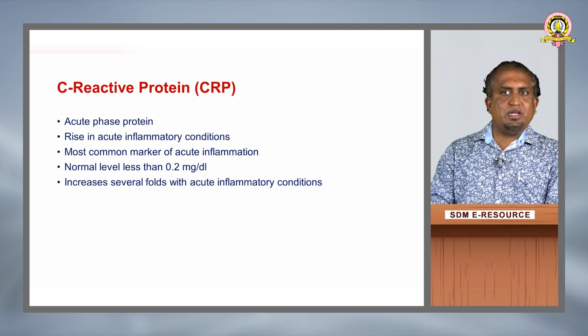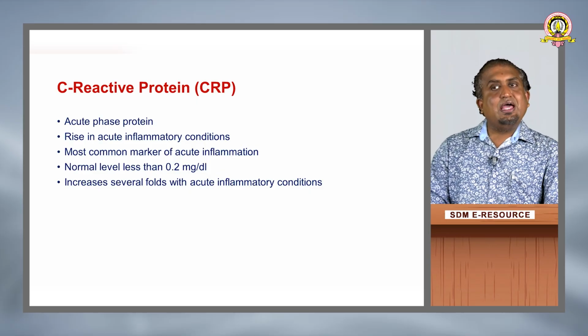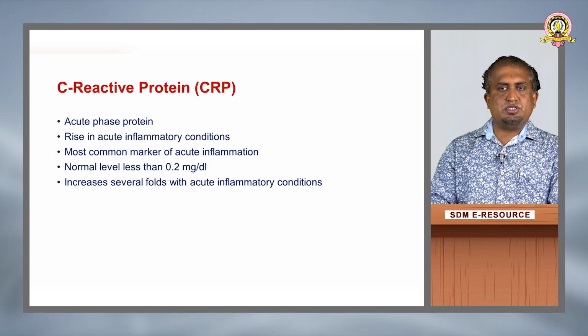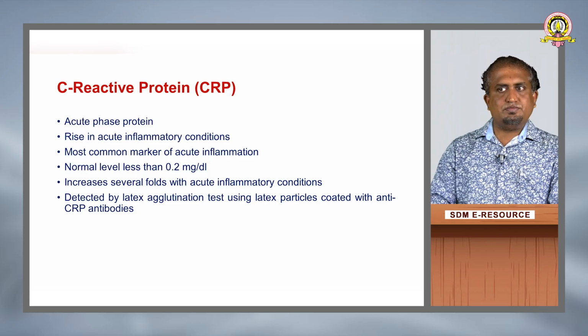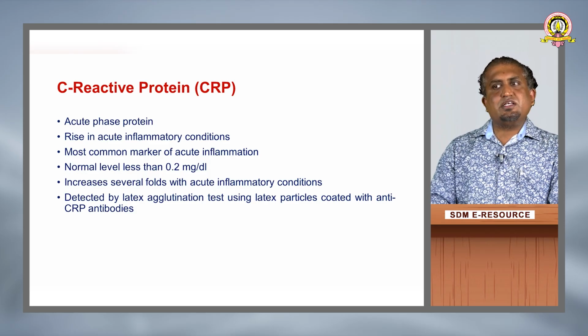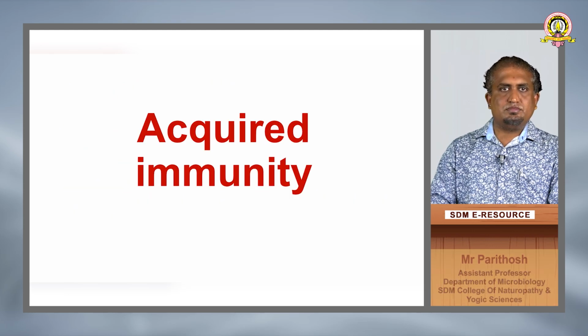It is detected in the laboratory by using the latex agglutination test, where the latex particles are coated with anti-CRP antibodies and CRP is detected in a given sample.